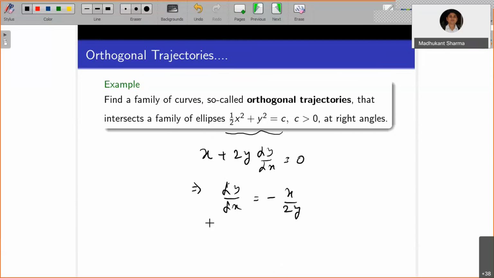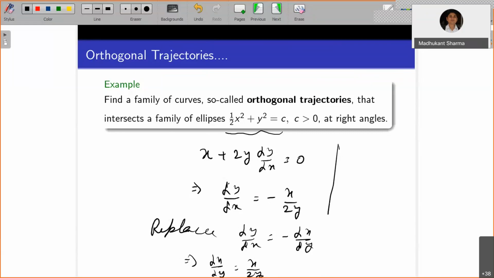Now replace dy by dx with minus dx by dy, because this is the corresponding first order differential equation. So dx by dy equals x by 2y.